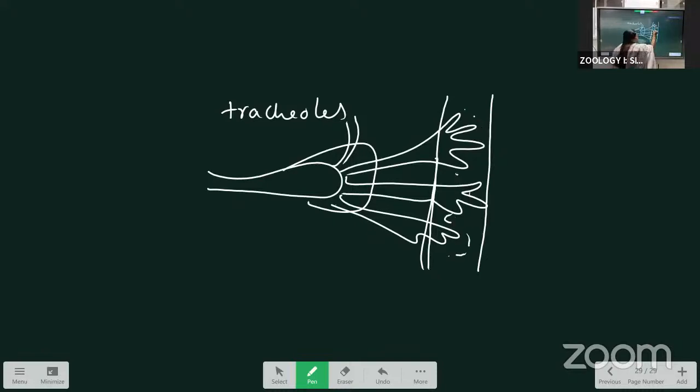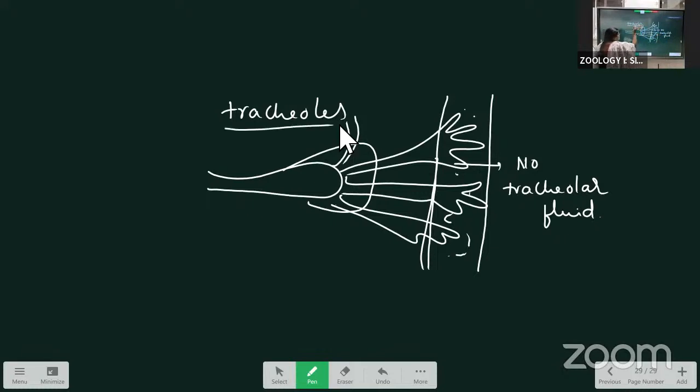Means no tracheolar fluid. Why? Because it is the active time, the daytime. Sorry, in the night time. This one is in the night time.